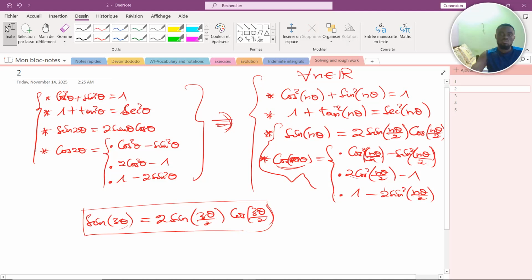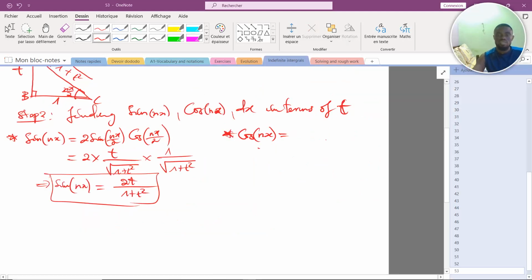Let me use the second formula. You are free to use any. Cos nx will be equal to 2 cos squared nx on 2 minus 1. Remember, cos nx is equal to cos x all to the n.